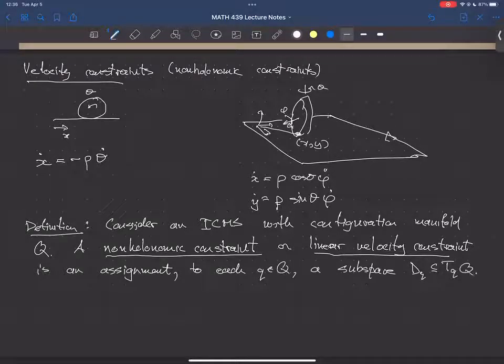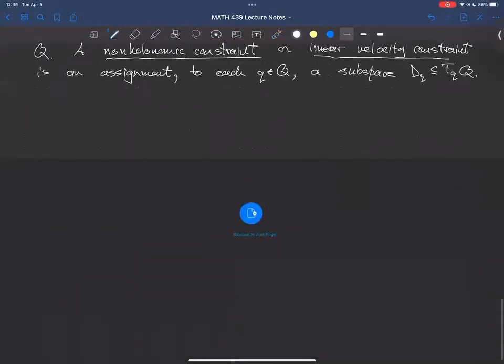All right, because that's exactly what these conditions in the example are giving me. They're defining a subspace as being the set of velocities which satisfy those equations. Okay.